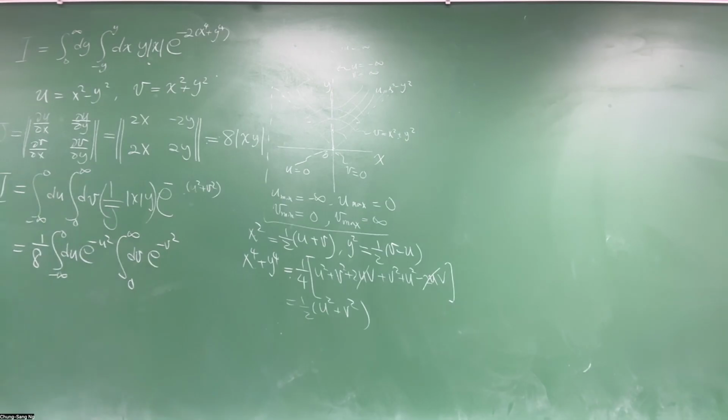And both factors are Gaussian integral, and you know how to integrate that. That will give you the final answer. Right? Is it okay? This should be all the steps. Right? Yeah.